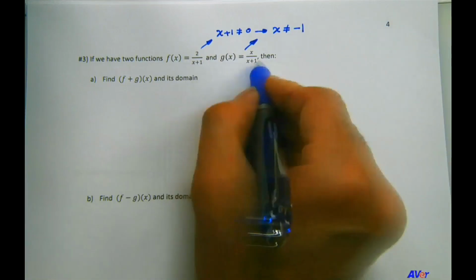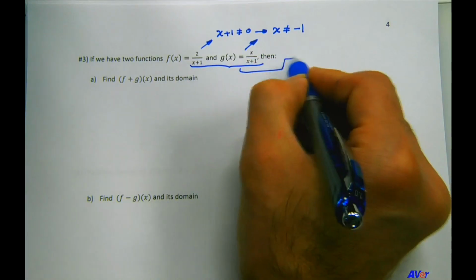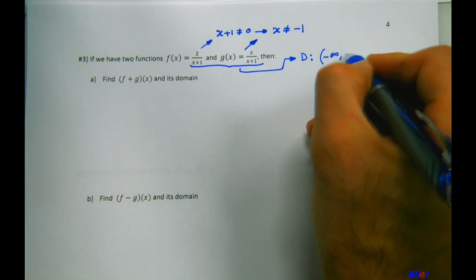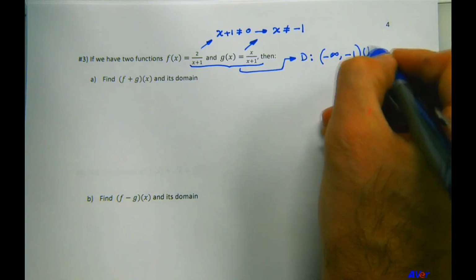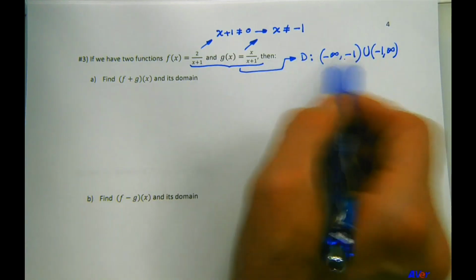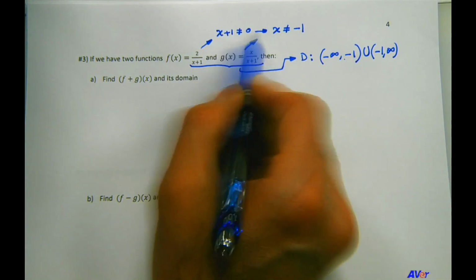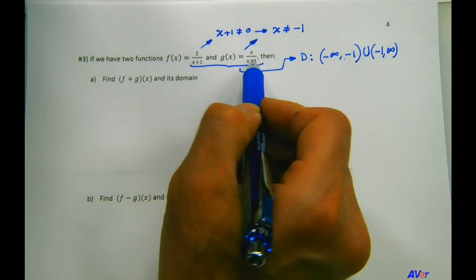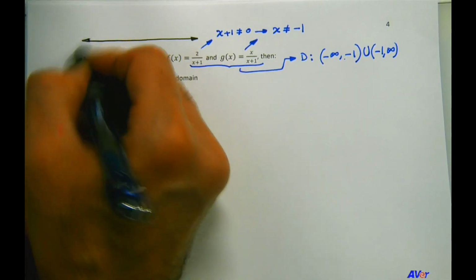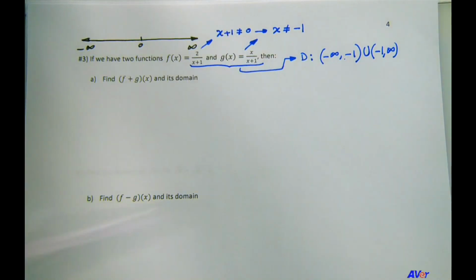So both of these parent functions have their domain as negative infinity to negative 1 union negative 1 to infinity. If you have any doubts as to where this is coming from, just look at this. The domain is everything except negative 1, which would make the denominator 0. So if we draw a little graph here and go from negative infinity to infinity with 0 in the middle, we're excluding negative 1, right?